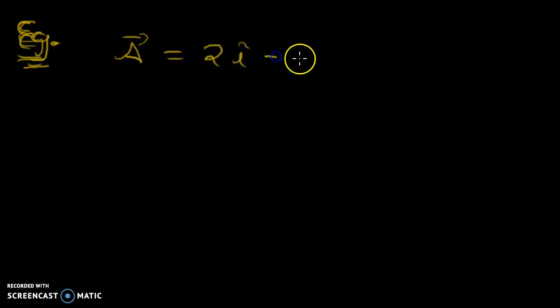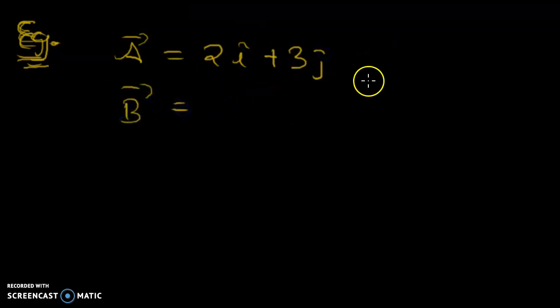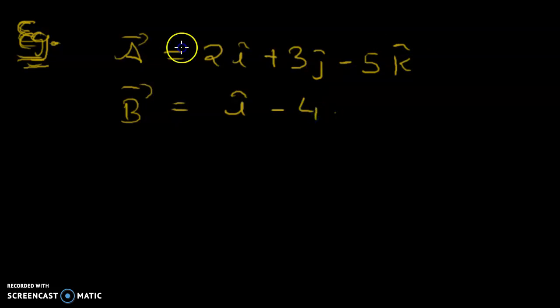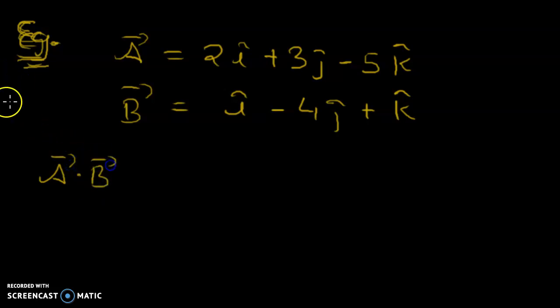So for example, I write a vector is this, and b vector is i cap minus 4 j cap plus k cap. So what would be a vector dot b vector? In that case, this is actually the Cartesian form, the i cap, j cap, k cap form.